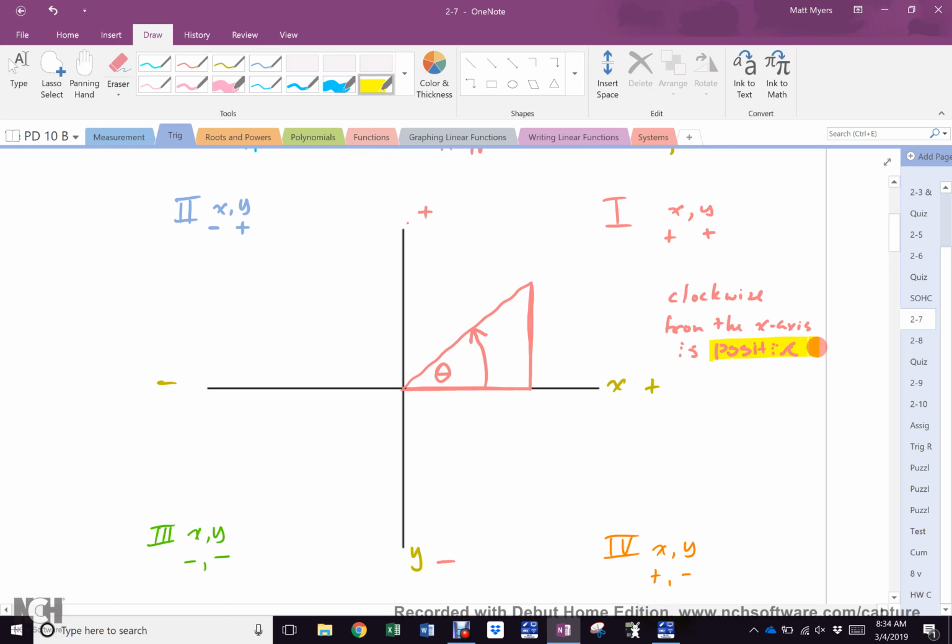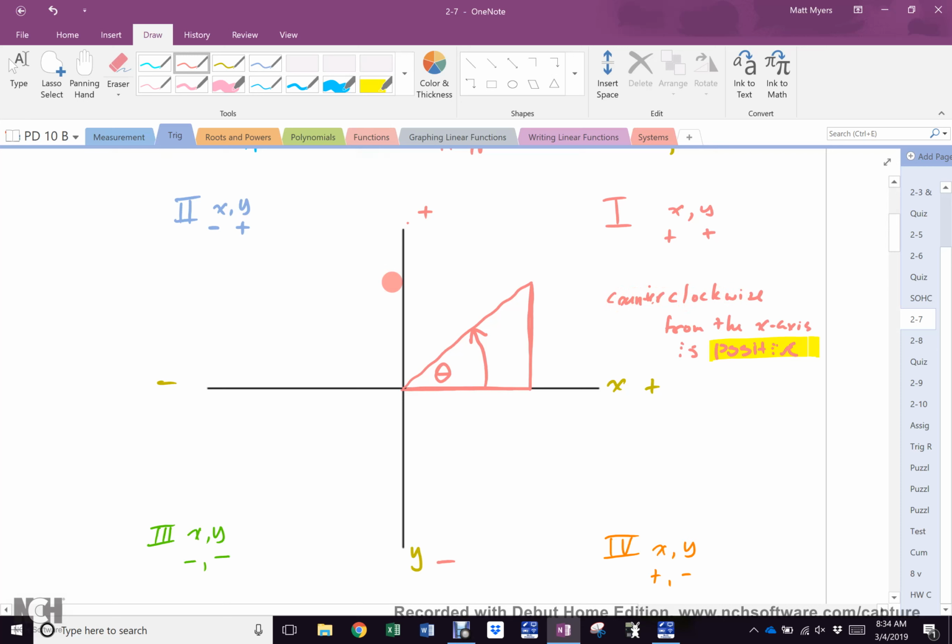Now, you're intelligent young people then. What, therefore, must be the values if I were to go counterclockwise from the x-axis is positive? What would be the value if I went clockwise? Negative, of course. Yeah, I wrote clockwise, but we count it counterclockwise.